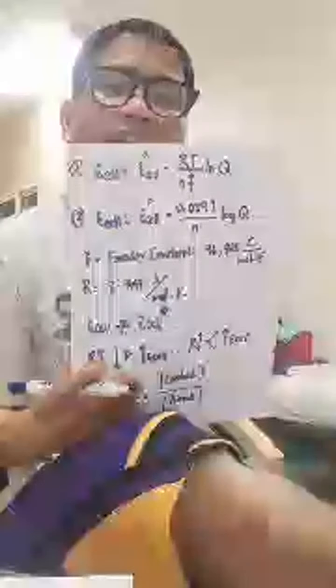You can use the logarithm form or the ln form, whichever is more comfortable for you. So E cell equals E standard cell minus, we'll choose equation 1, RT over F, ln Q.